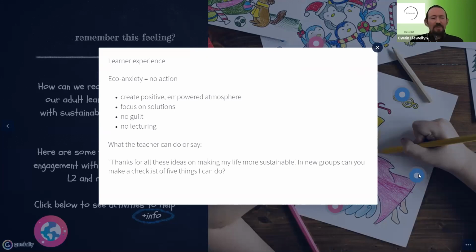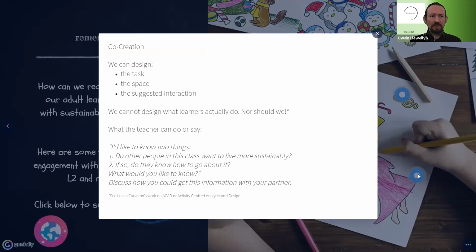So now another thing is really focusing on the power being with the learner here. And so I'm going to look at co-creation of the learning space now. We as teachers often feel that we have to really plan everything. And Melitza's just given a reason why we shouldn't, especially with outdoor activities, but we can plan and design the task.